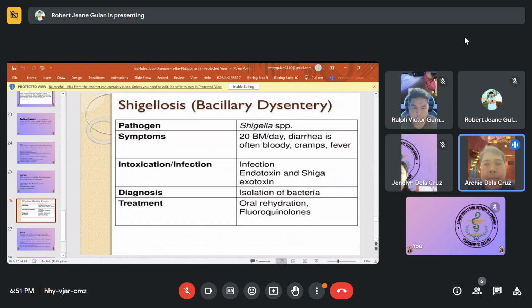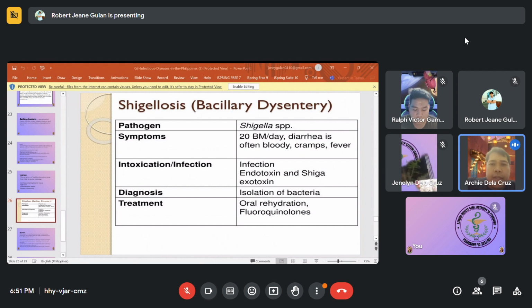Next for the symptoms. Shigellosis bacillary dysentery. The pathogen, Shigella spp. The symptoms: 20 bowel movements per day. Diarrhea is often bloody, with cramps and fever.